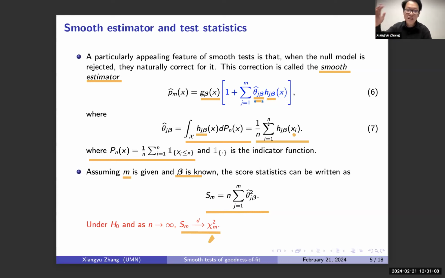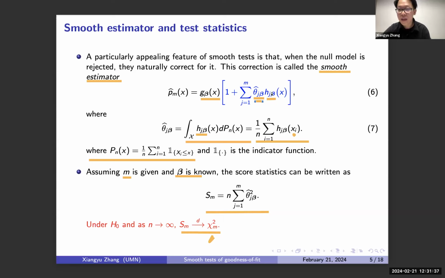I think you are right. You catch a very good point. But here, this is like an overall test of whether or not your P_M and G beta X fit each other or not, right? And like you said, maybe if one of them is very large and others are very small, then of course you can modify your M and you can modify your H_g beta so that you only test one of them.